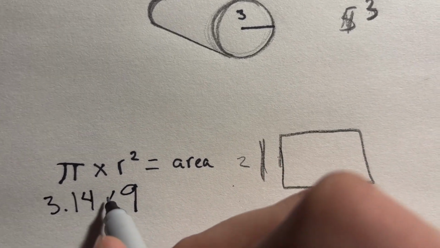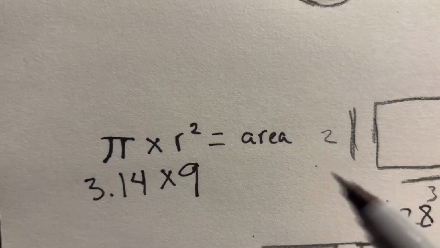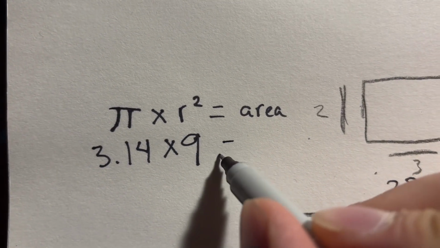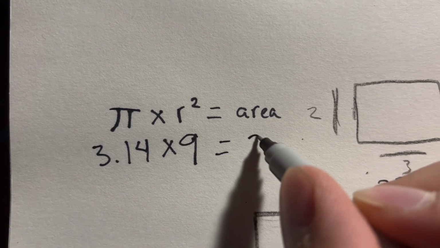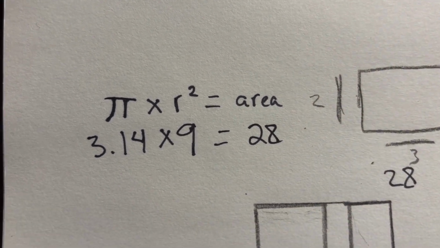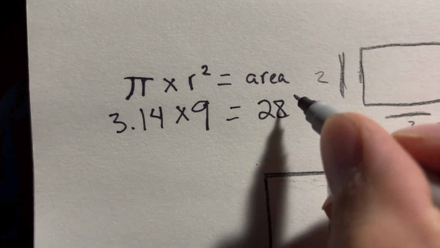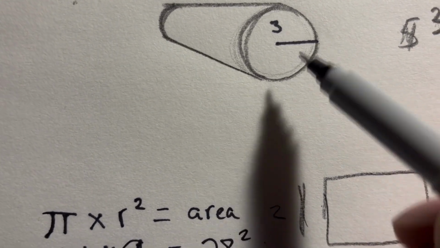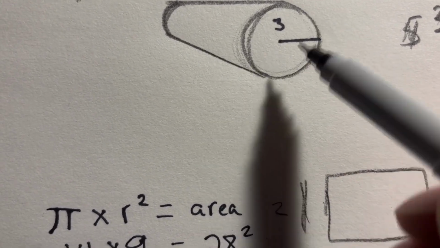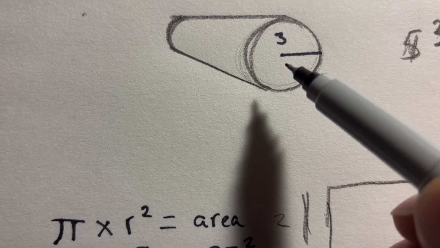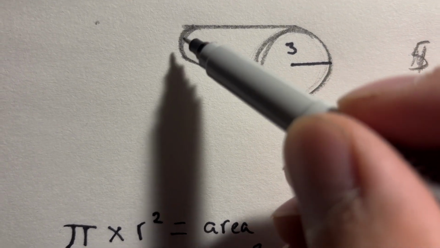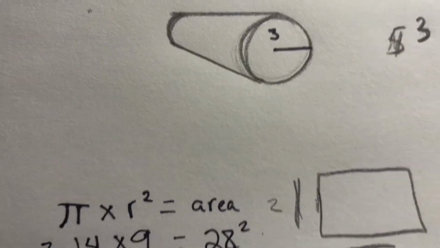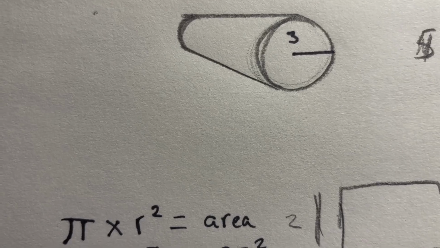3.14. Kind of use a calculator because I'm bad with decimals. And it turned out to be 28. So 28 is the entire area of the circle. And now we just got to bring it all the way back to this point right here to make it volume in the 3rd dimension.